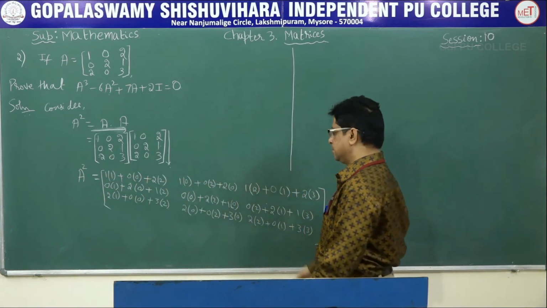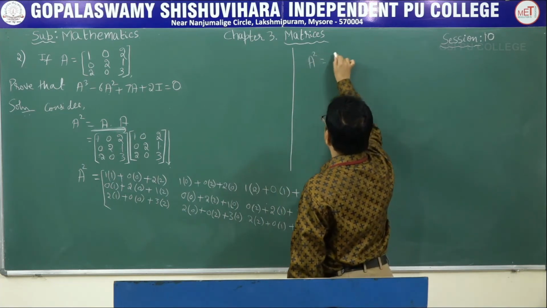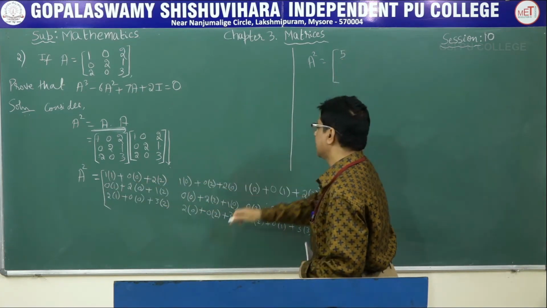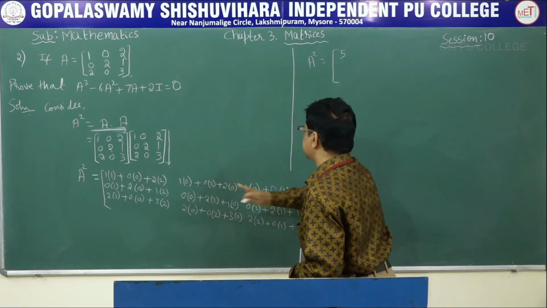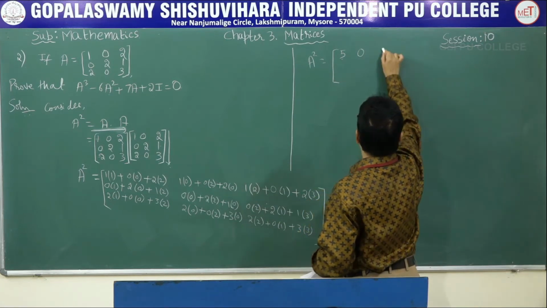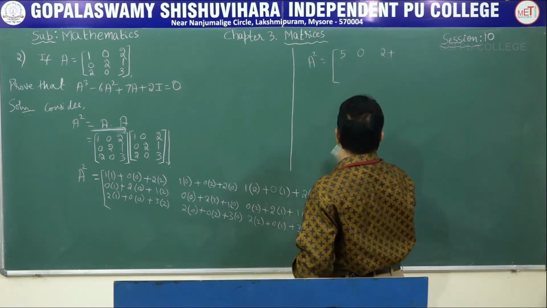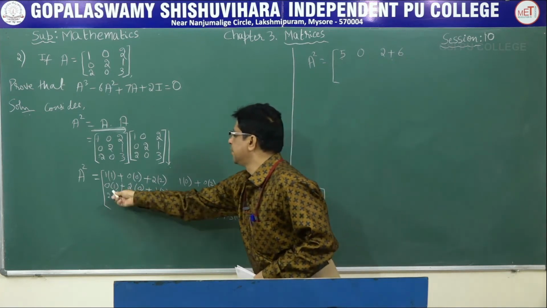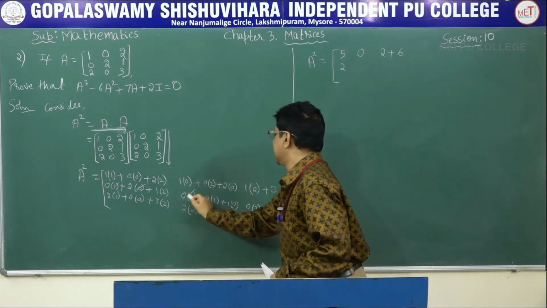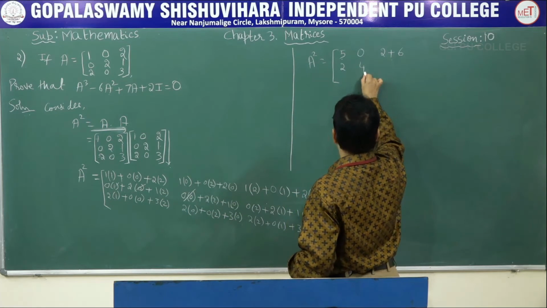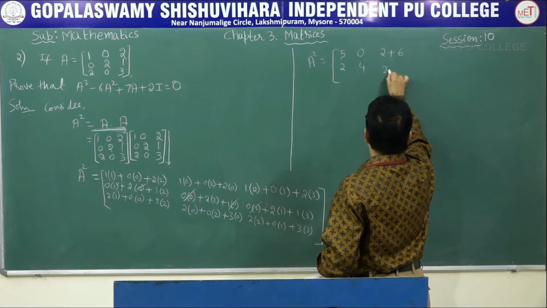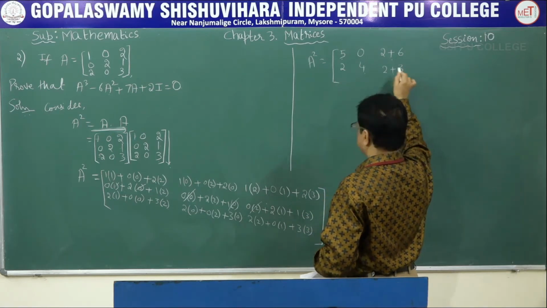So now A square is equal to, so 1 plus 4, 5. So this is 0 plus 0, 0. This will be 1 into 2 plus 2 3s are 6. So here 0 into 1, 0, 2 into 0, 0, 1 into 2 is 2, 0 into 0, 0, 2 into 2 is 4, 0 into 2, 0, 2 into 1, 2 plus 1 into 3, 3.